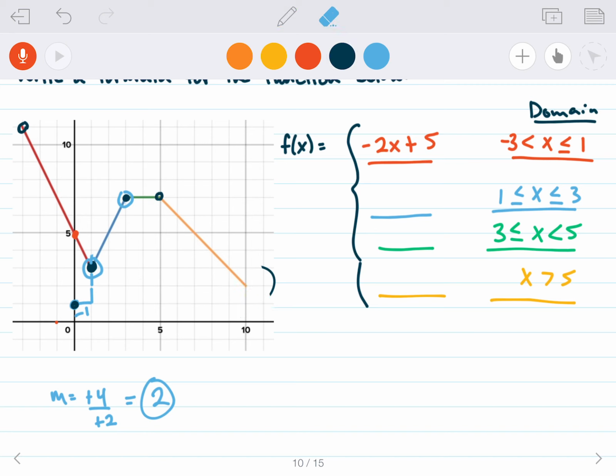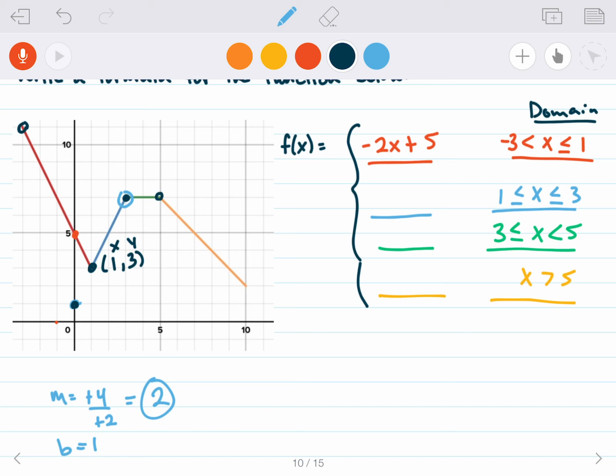So that's my y-intercept. It looks like it's at positive 1. So b is equal to positive 1. So you could do it like that by just working backwards to find the y-intercept. Or you could do what we did before and choose one of these points, such as x equals 1, y equals 3.